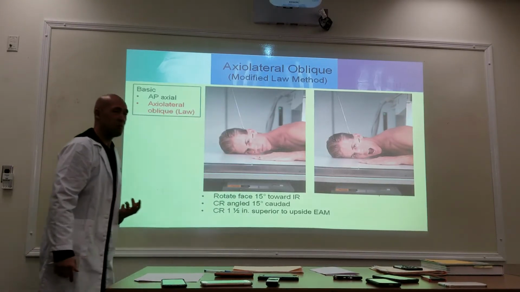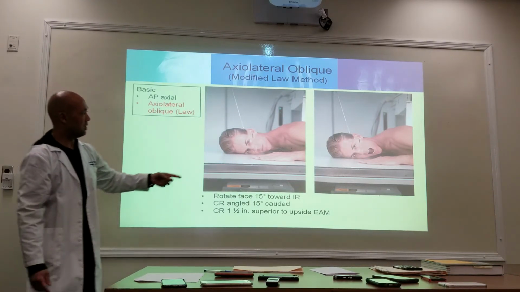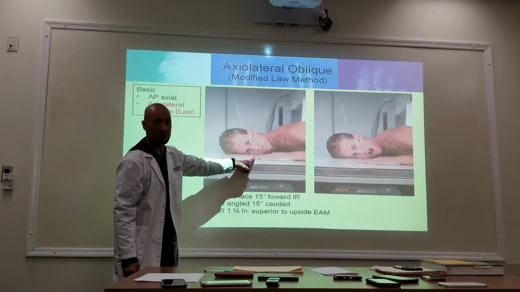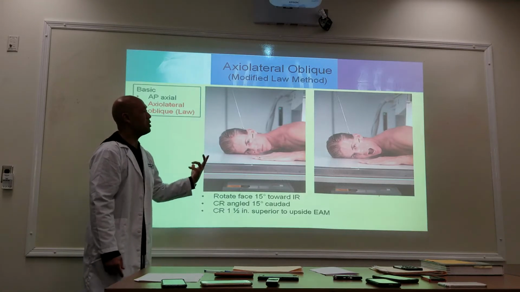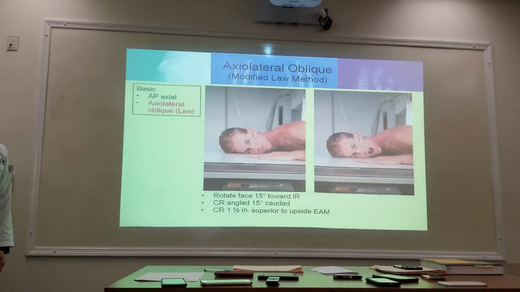But which TMJ are we looking at here? The central ray is up here, but we're actually looking at the downside TMJ. Again, we do it open mouth and closed mouth for comparison. Open and closed, 15 and 15.